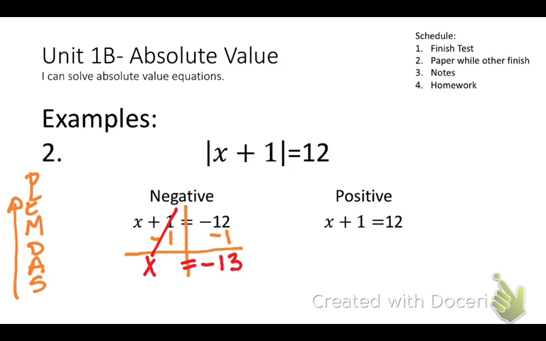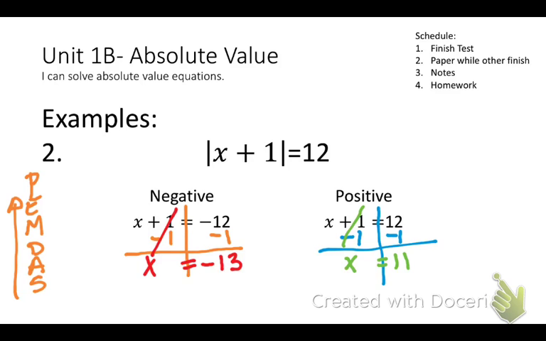All right, well, let's try the other side. So on the other side, I still have that plus 1, so I'm going to subtract 1 on both sides. And my information cancels out on the left, and I'm left with x equals, well, 12 minus 1 gives me 11.